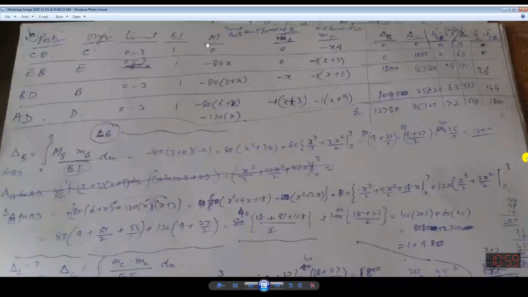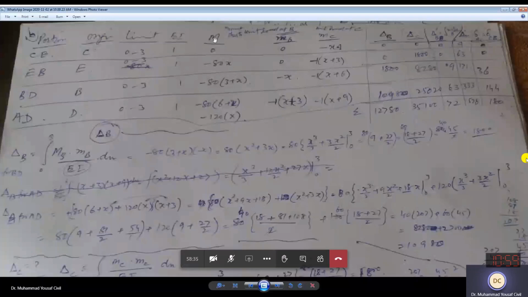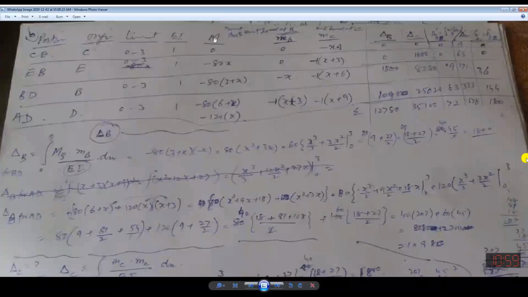Now in this case, you can see if you keep the figure of the beam in front of you, you will see that in the primary beam, in portion CE, there is no load, no force is there.